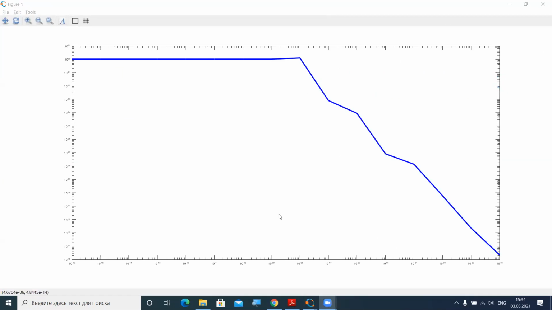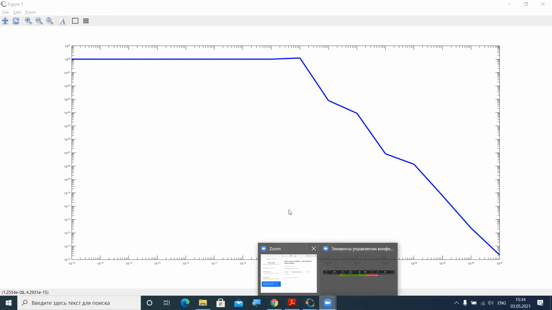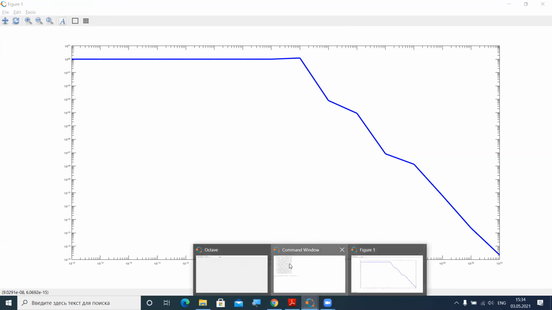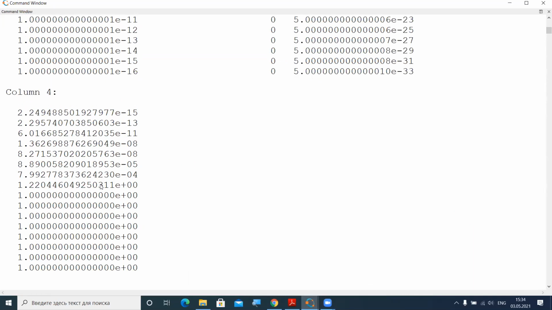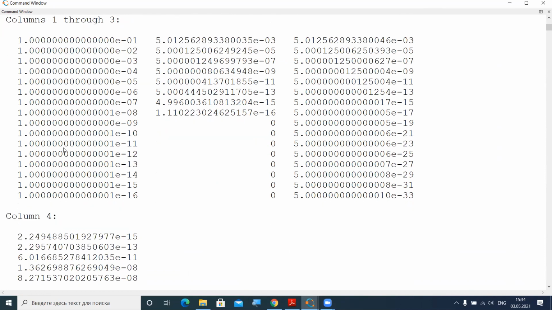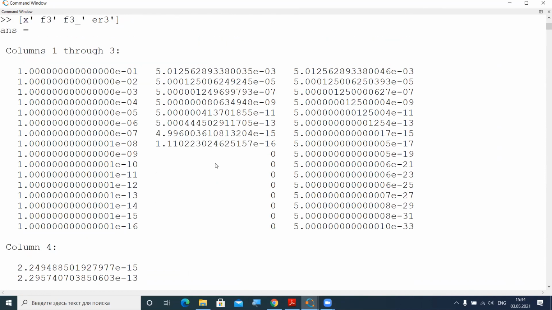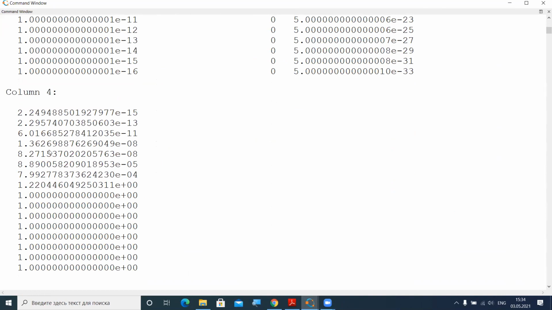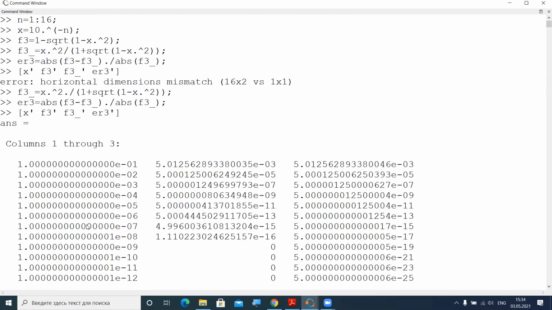Is it clear? Yes. So now here we can see the graph and the relative error. In this table you can see the value of x, the corresponding value of f3, the corresponding value of the new reformulated function f3 underline, and the corresponding values of relative errors.